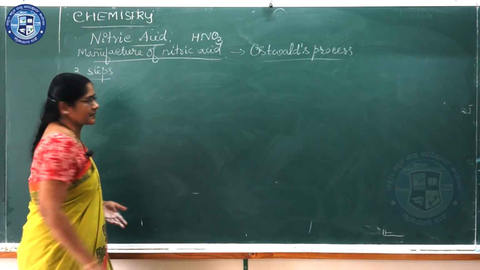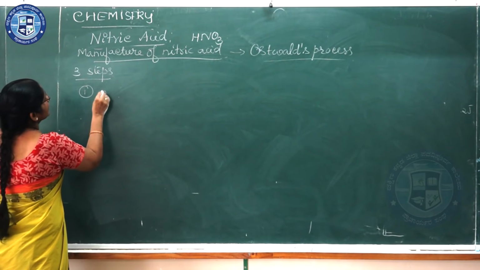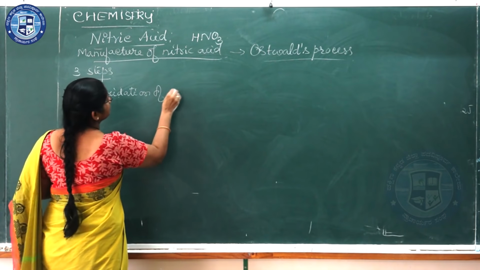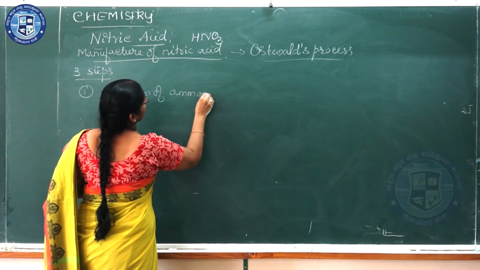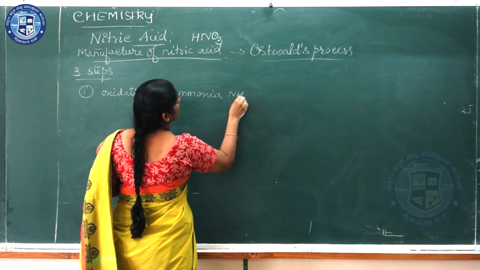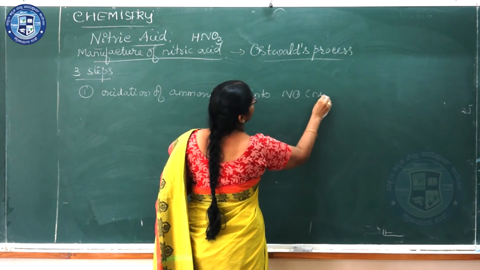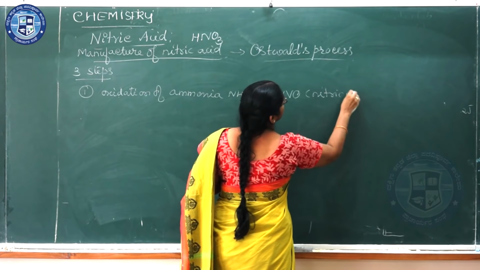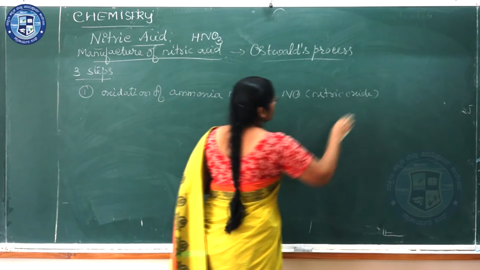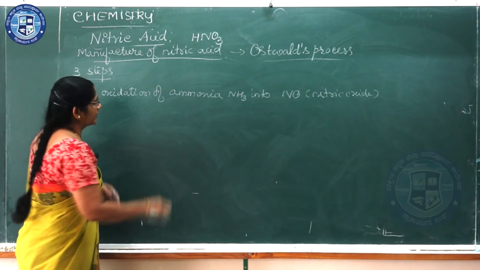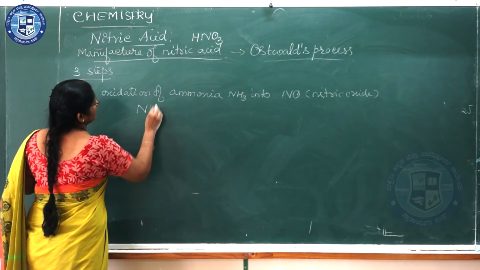So which is the first step? The first step is oxidation of ammonia NH3 into NO, that is nitric oxide. So this is the first step. Ammonia is oxidized into nitric oxide. So what is the reaction?